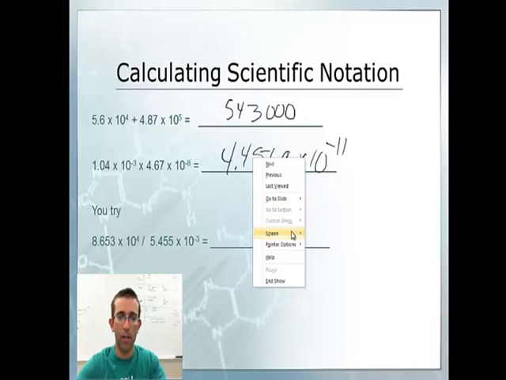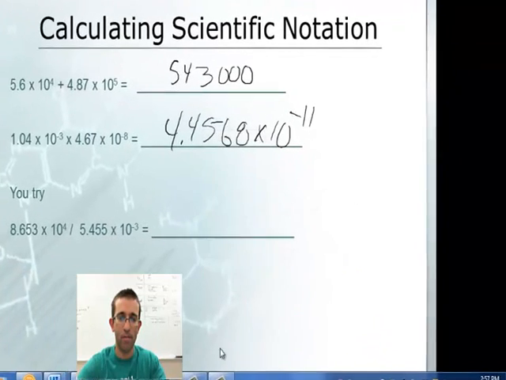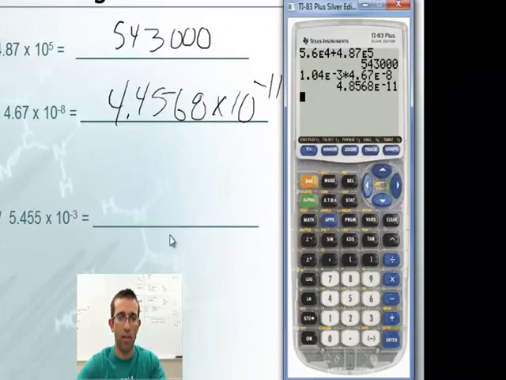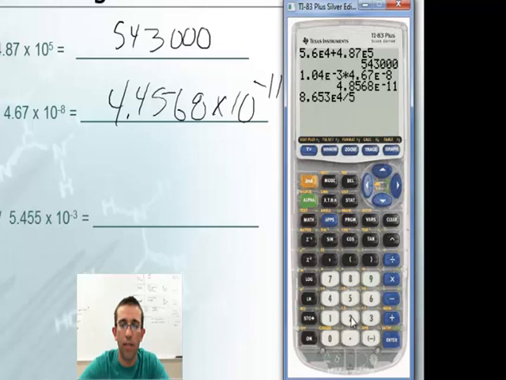I will get my calculator back up. Here we go. So now you've tried, hopefully you're checking over it now. 8.653 E to the 4th divided by 5.455, second, E to the negative 3rd.